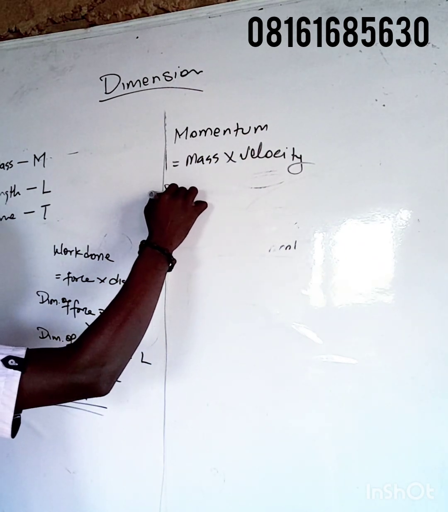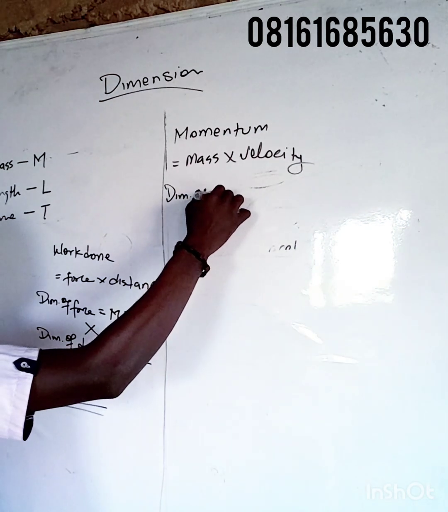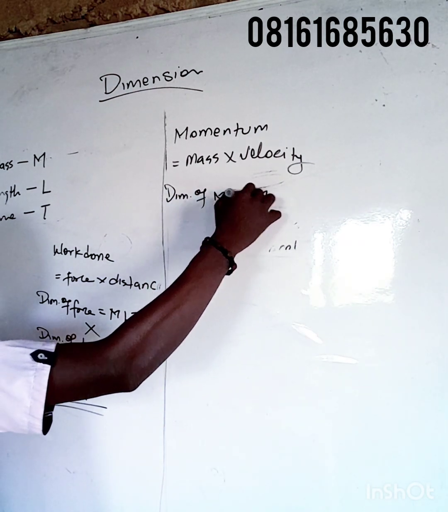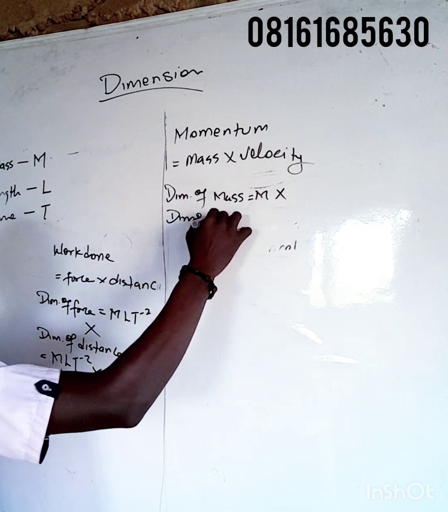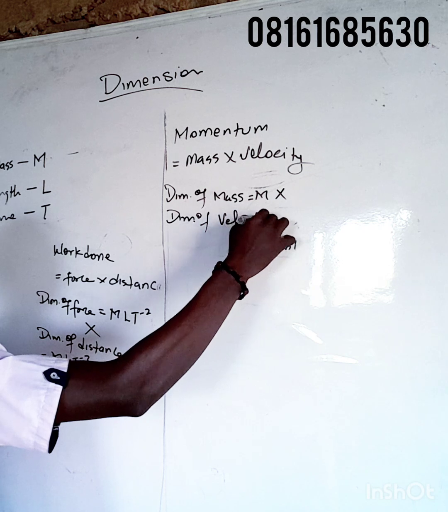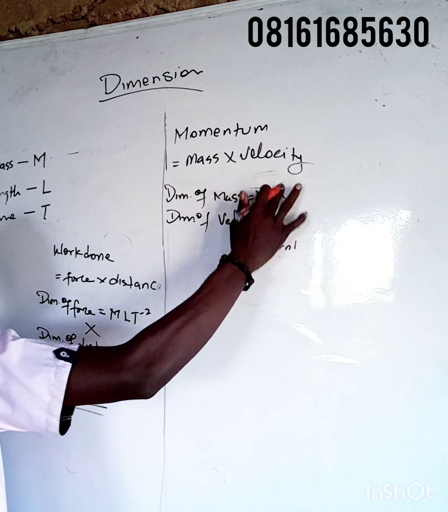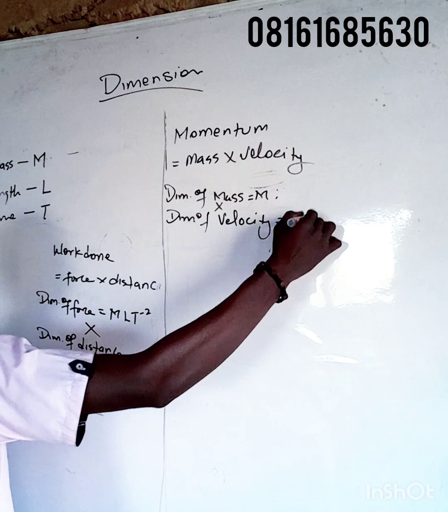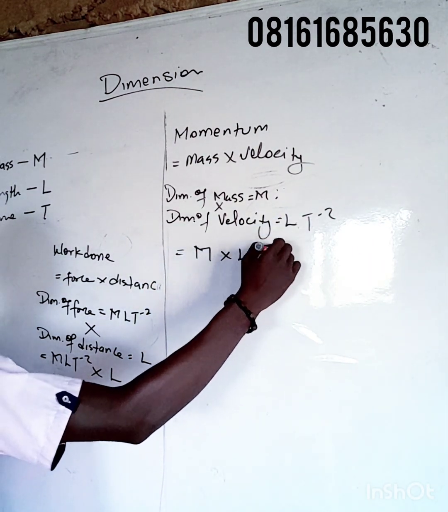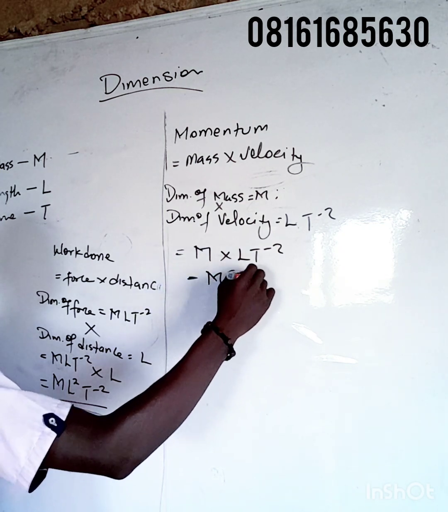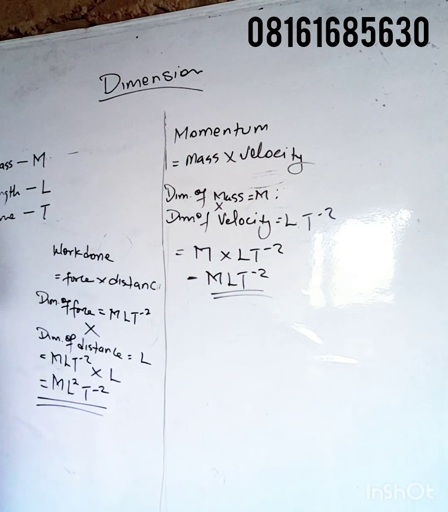So the dimension of mass is M, times the dimension of velocity, which is L per T. If you now bring the two together, you are going to have M times L per T, and that will give you ML per T. That is the dimension of momentum. Understand? Okay. There is this particular one again I want us to solve.